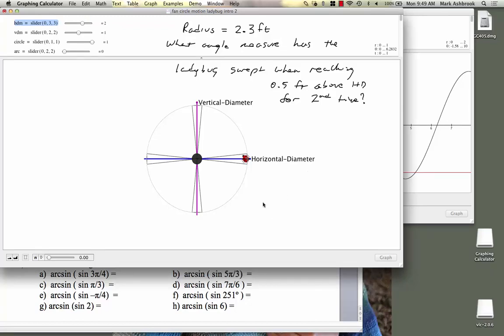As it sweeps, it starts here at 0 and starts sweeping counterclockwise. Right around here, it reaches 0.5 feet for the first time. But then it hits that height, 0.5 feet, a second time, somewhere over here.